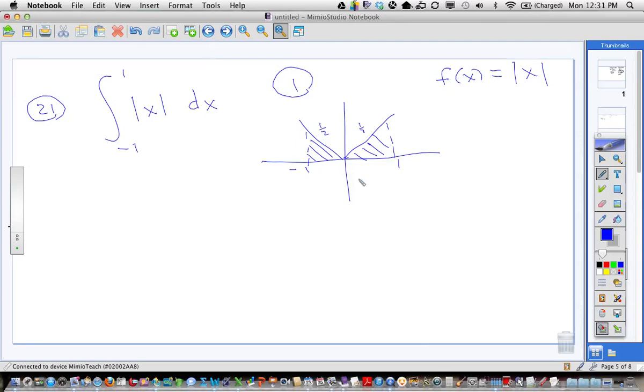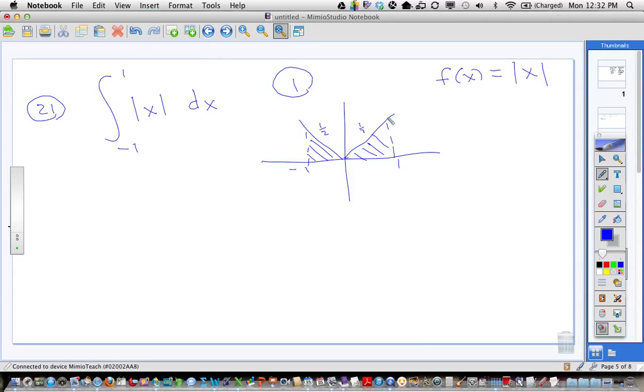Now, we then went through section 5.2 and all this antiderivative chart stuff, and then we said, hey, antiderivative, yeah, we can use that to find area. That's where this fundamental theorem part 2 came from. We can do big F of b minus big F of a. Now, the problem is, how do you do an antiderivative of an absolute value? Well, you don't. What you do is you break it into its two parts.